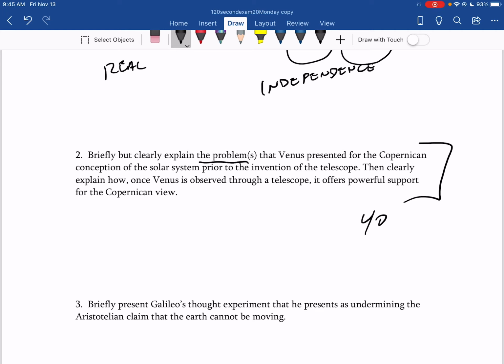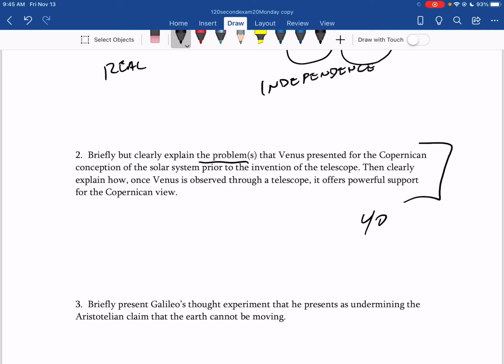When Venus is quite close to us, we are, and you can work this out geometrically, only able to see a crescent. When Venus is quite far from us, we are able to see the full face of Venus. And so the phases neutralize the counter evidence. And in fact, the phases, once directly observed, provide powerful evidence for the Copernican view.